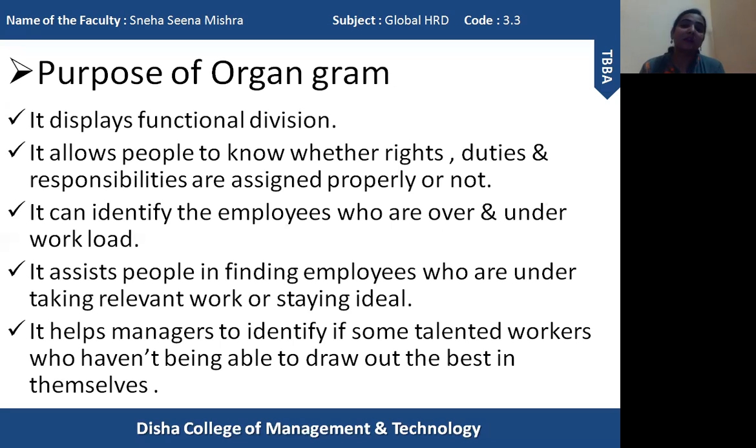That can also be revealed through the organogram, whether a person who is appointed on a particular designation is doing the duties under this designation, or is doing the work of someone else. So that can also be revealed, because it reveals the employees who are doing too much work and too little work. At the same time, it can also identify the people who are doing relevant work or not.